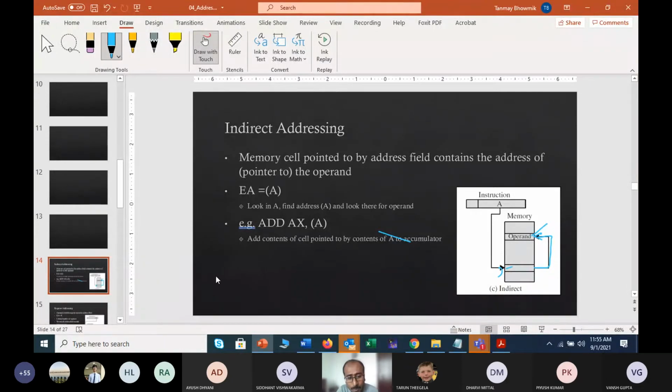So that means you are using more than one memory location. Any problem understanding this, please? More than one location is being accessed, and in the second location you are basically fetching the data or operand.